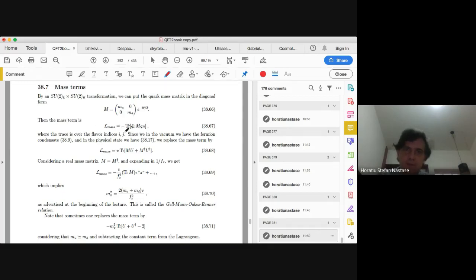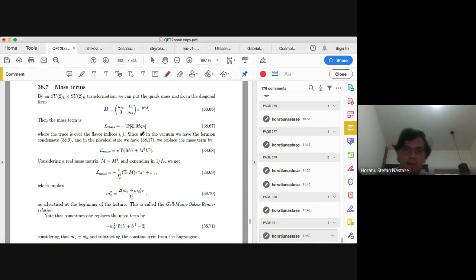Then the mass term would be trace of Q bar left times M Q right, tracing the flavor indices, as I said.